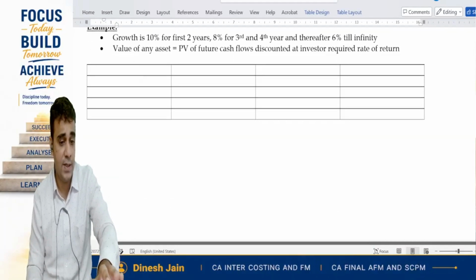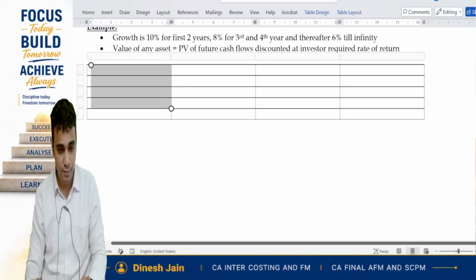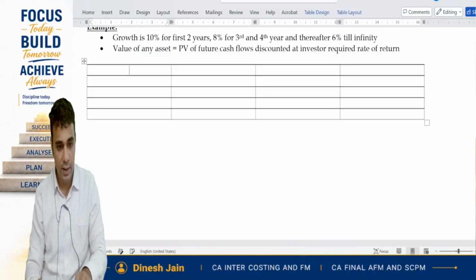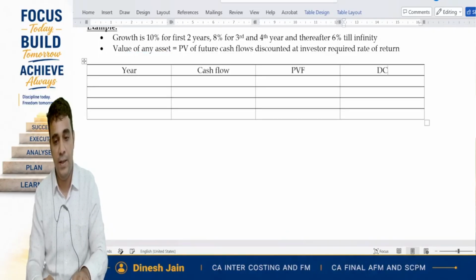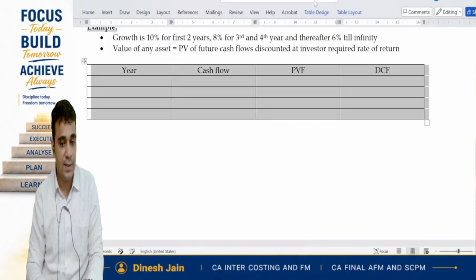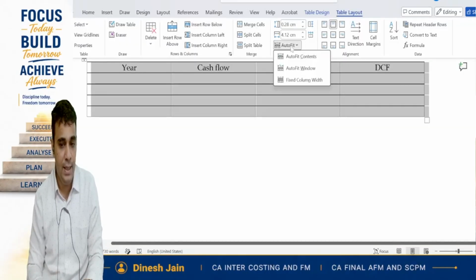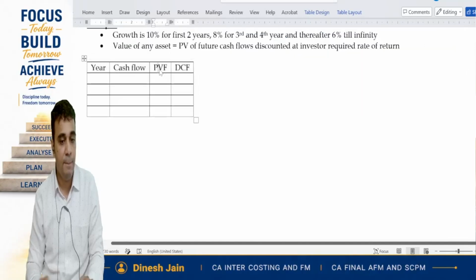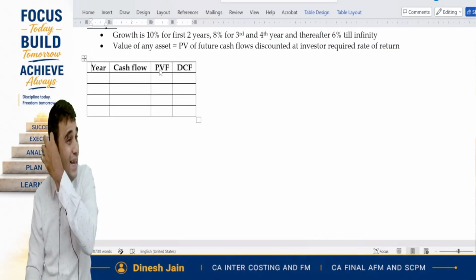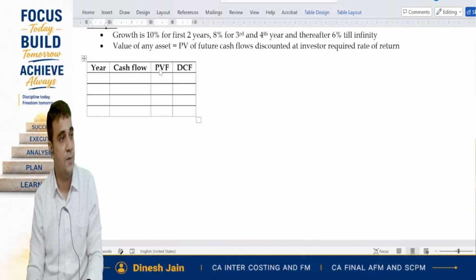What the concept says is very simple. Year, cash flow, PVF, DCF. In order to value a building or value an equity share, please write year, cash flow, some discount rate and discounted cash flow.